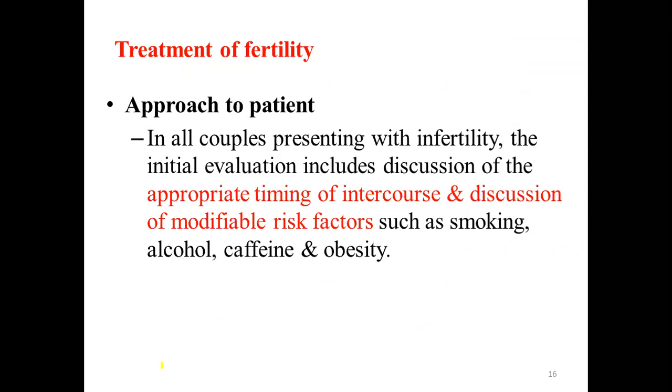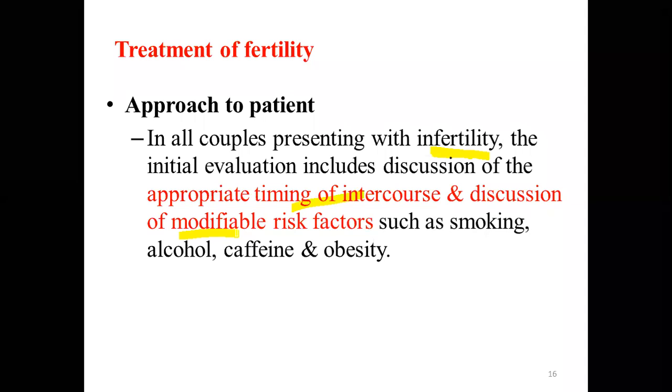Then how do we treat infertility? In every couple presenting with infertility, the initial evaluation involves openly discussing the timing of intercourse, as well as modifiable risk factors like smoking, alcohol, caffeine, and obesity, because they can have some effect on fertility.